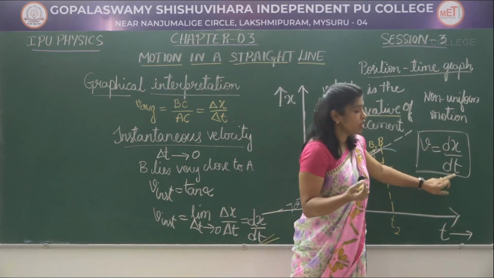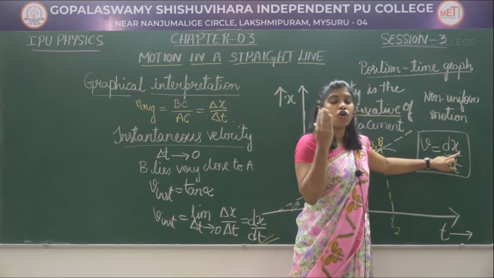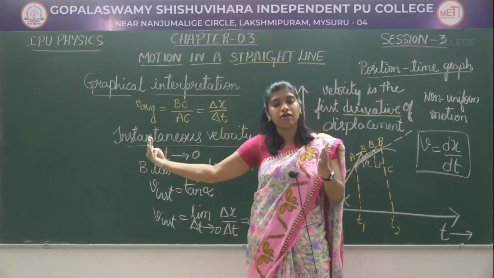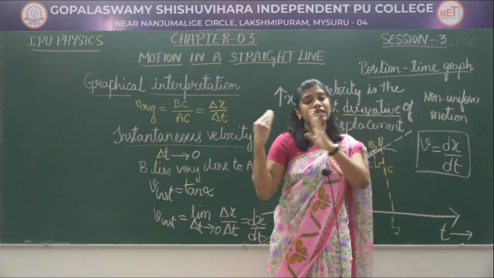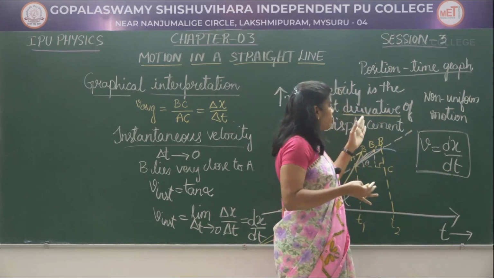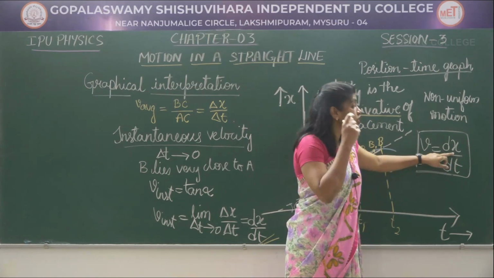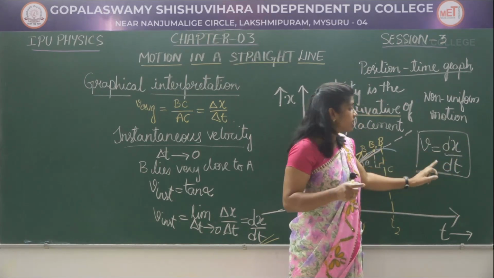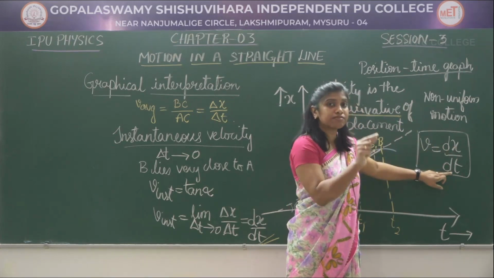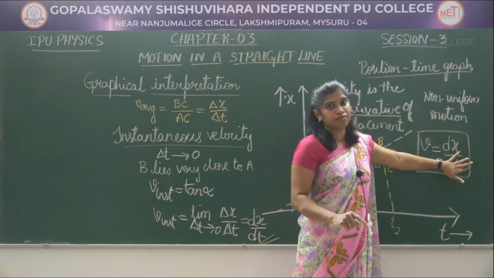As you all know, time is an independent variable and x, or the displacement, is a dependent variable, because as time advances, the position of the body is changing. So x depends on the time. Therefore, derivative means the displacement is changing with respect to time. So this denotes a rate of change of displacement with respect to time. Therefore, we call velocity the derivative of displacement.